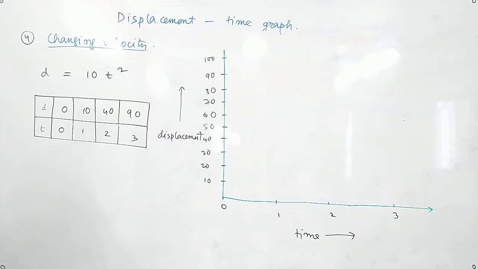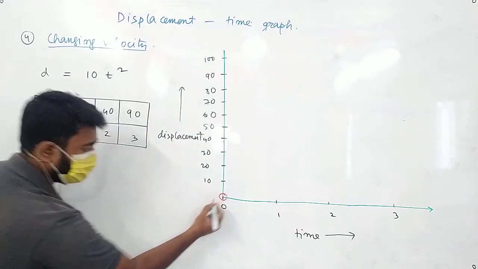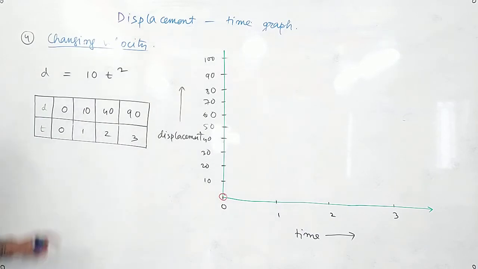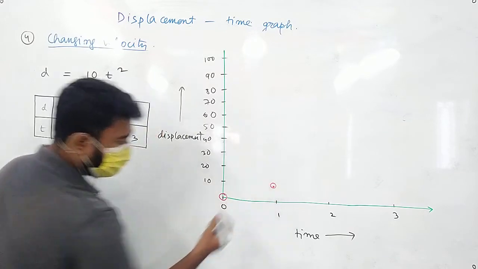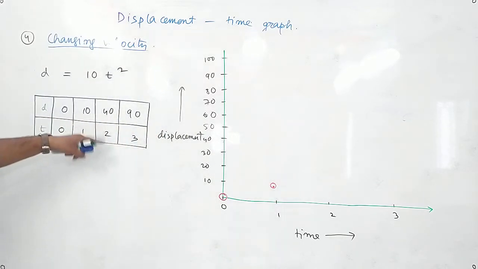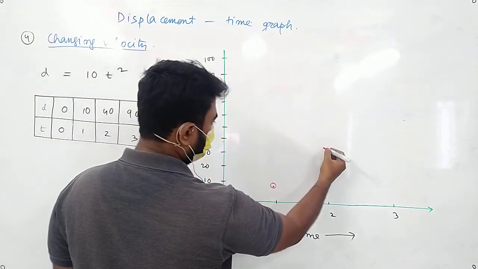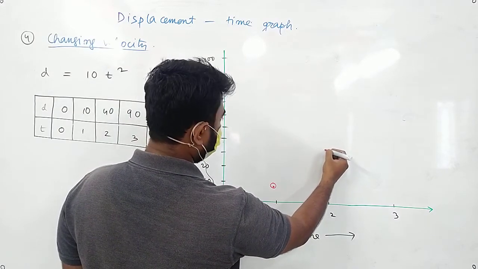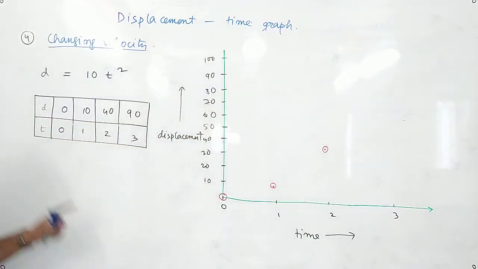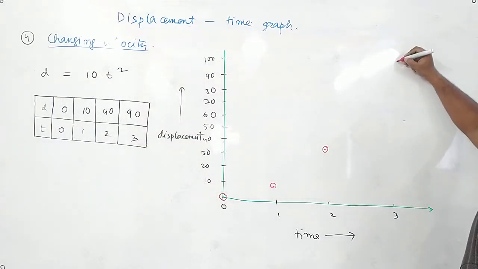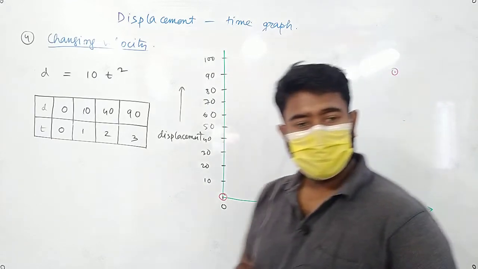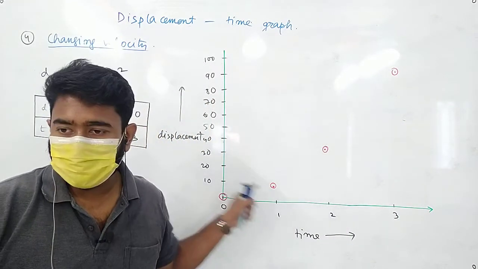Okay, now 0 for 0, that is this position, right? 10 for 1, right? 40 for 2, right? 90 for 3, right?